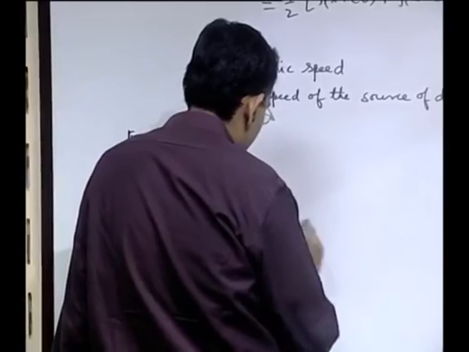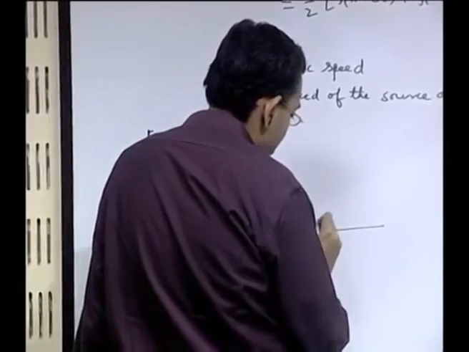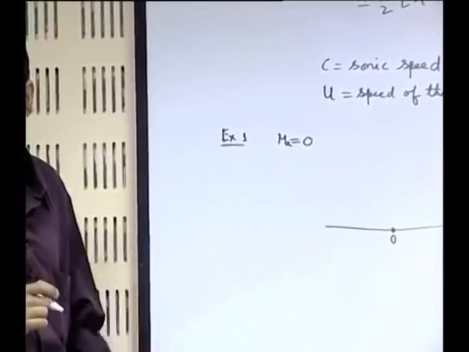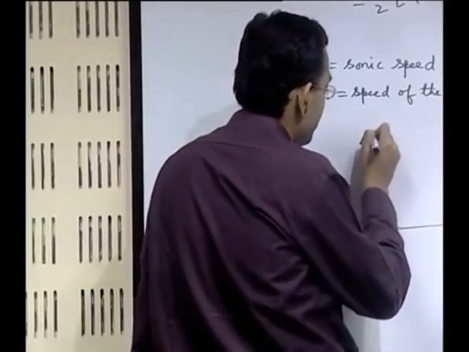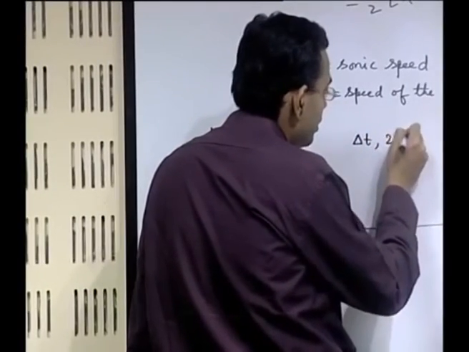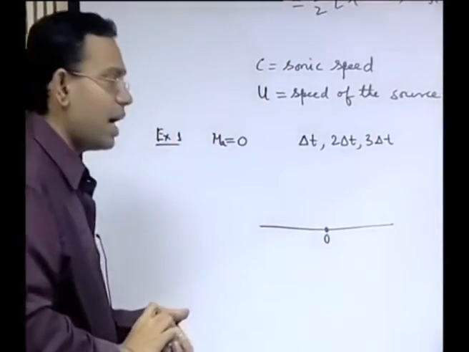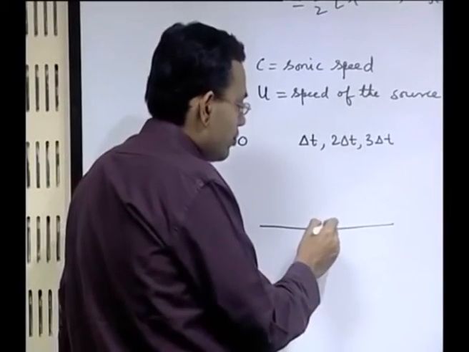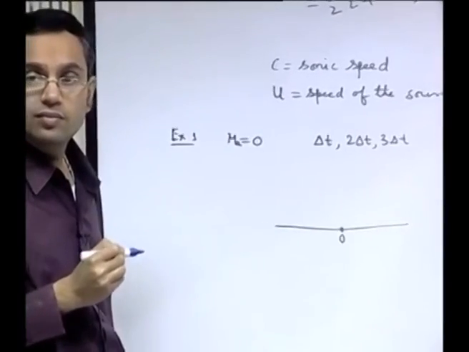So, let us consider that there is a source which is located at 0, it does not move, it remains at that place. So, let us consider some small time intervals, delta t, 2 delta t, 3 delta t, like that. So, over a time of delta t, the source will emit a signal that will cover how much of a distance?